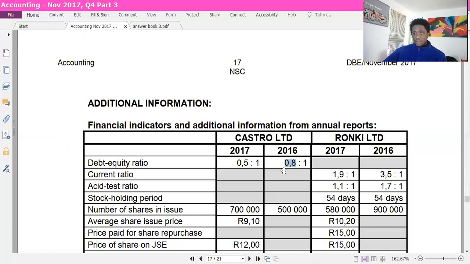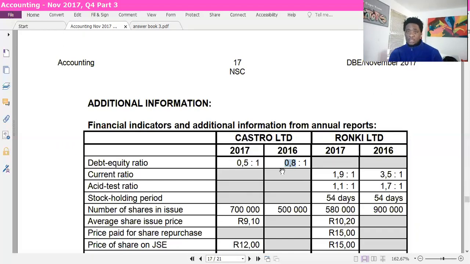But secondly, as we said, the capital structure of the business is made up of shareholders' equity and non-current liabilities. So it's also important to analyze the return on total capital employed, because the business employs different types of capital.